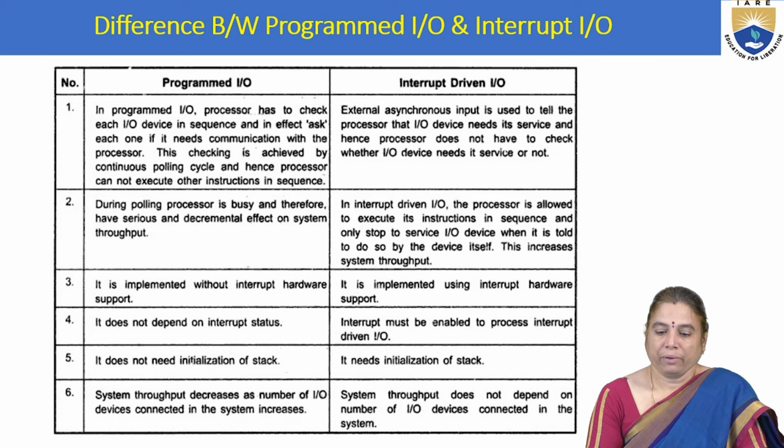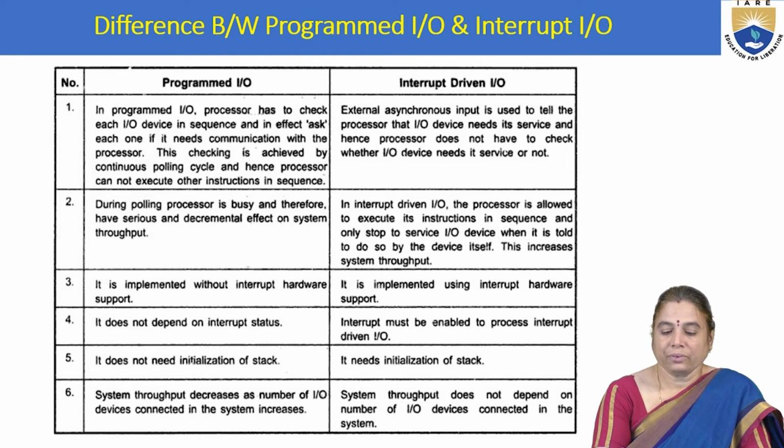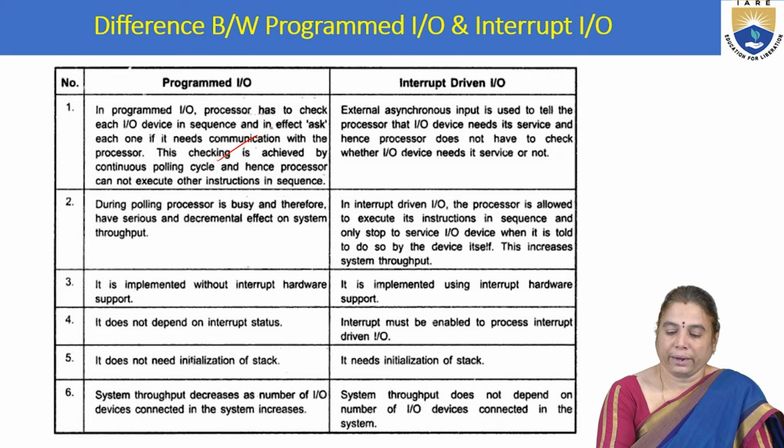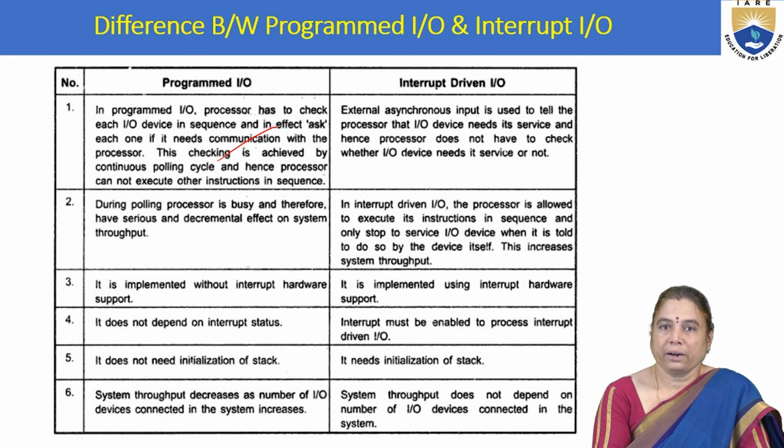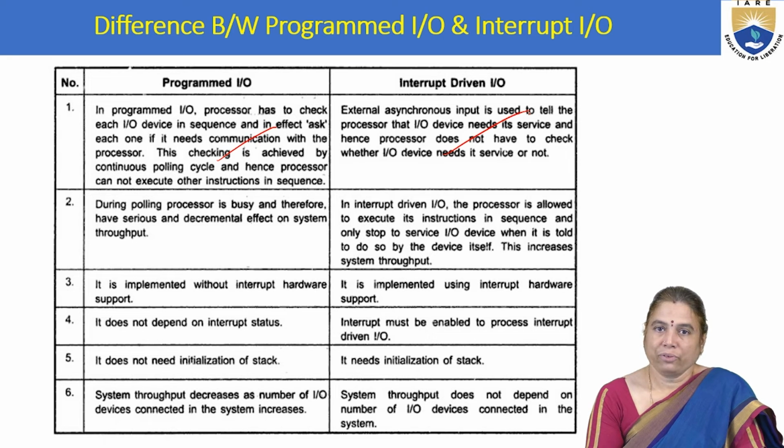What is the difference between programmed I/O and interrupt initiated or driven I/O? In programmed I/O, the processor has to check each and every I/O device in a sequence, to see whether the data is ready in the data register by checking the status register flag bit. But in interrupt driven I/O, when the data is ready, the interrupt can be raised by that particular device to gain the service of the CPU.